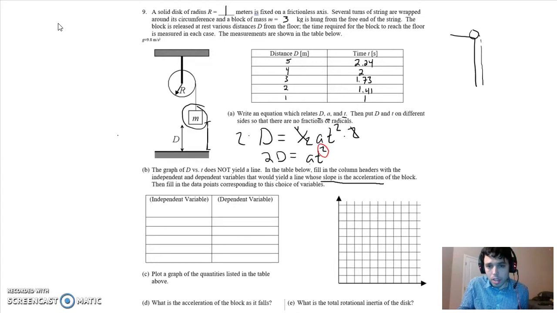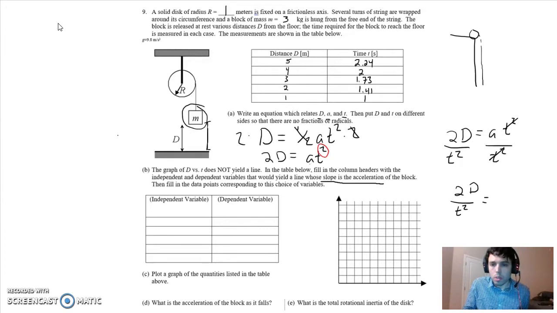Acceleration is a, right? So as we write it over here, 2d equals a t squared. Remember that the slope of an object on a graph is rise divided by the run. So if I divide by t squared on both sides, the t squareds cancel, and I get 2d over t squared equals a.